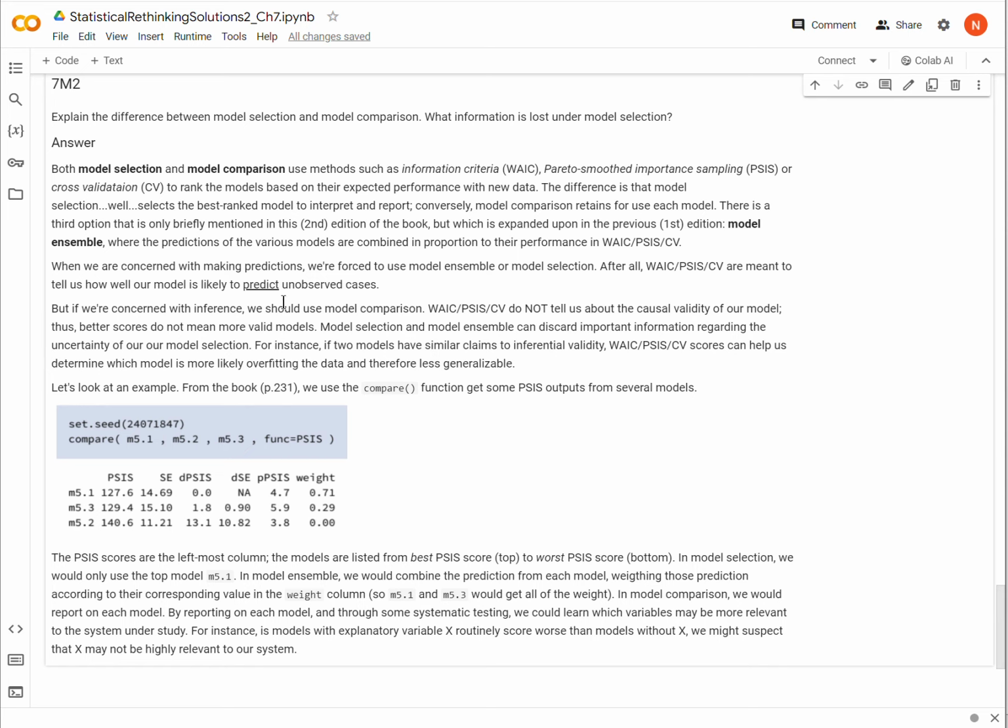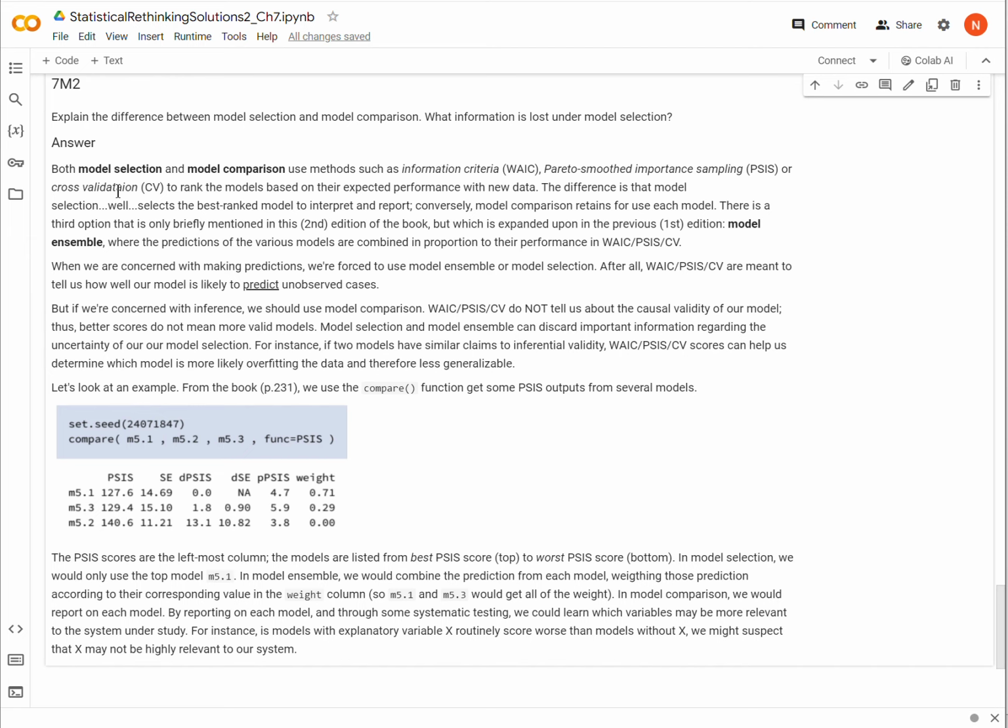To make this more concrete, in the Rethinking package there is a command called compare, and we can compare different models. These models might differ by their explanatory variables, or the priors, but they're different models. In this case, the compare function is being used with PSIS, and we get the different PSIS scores for these different models.